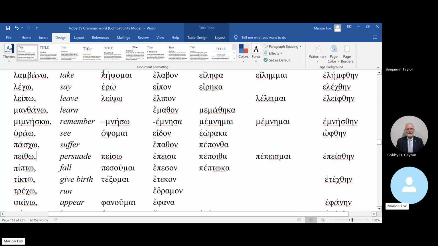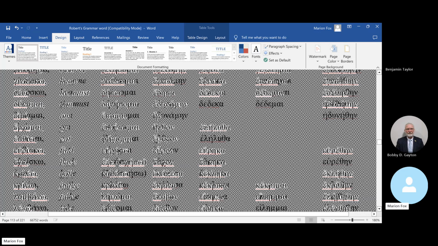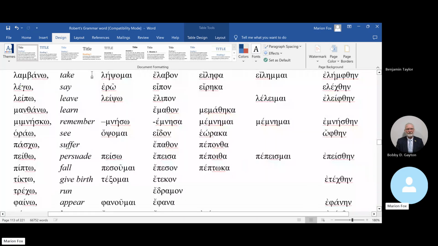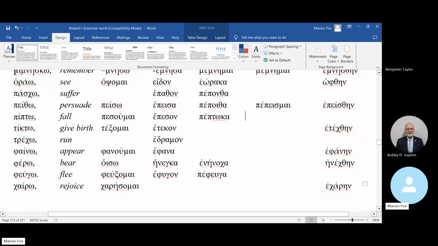See, there's one column where it's not regular. Pepto is irregular, right? It's regular here and irregular in these other ones. Patho is irregular in all of them, okay? Except the present tense, right?